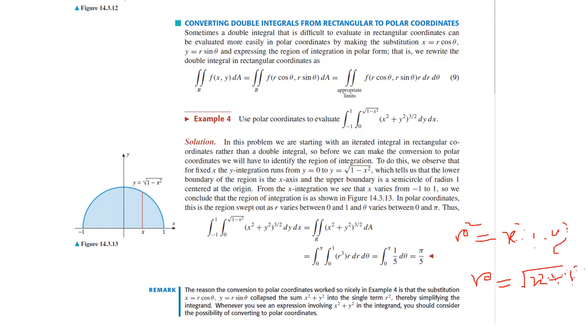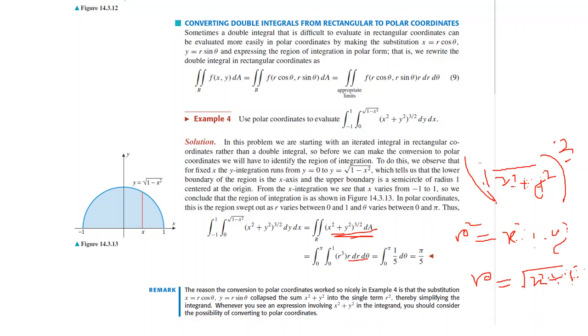Here the power is 3 by 2, so x square plus y square to the power 3 by 2 is r cube.